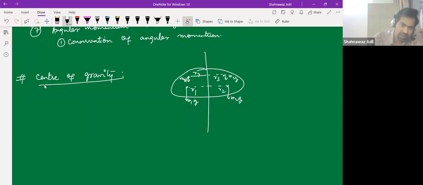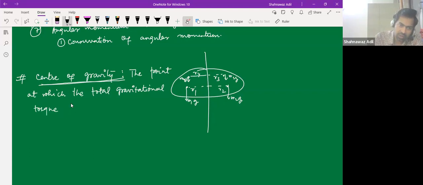So center of gravity is the point in the body at which the total gravitational torque is 0, right?